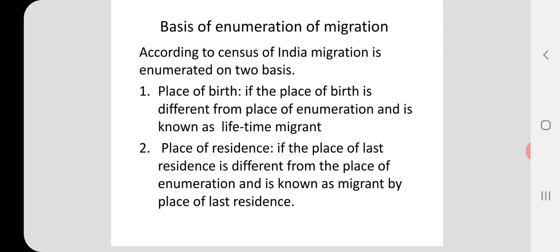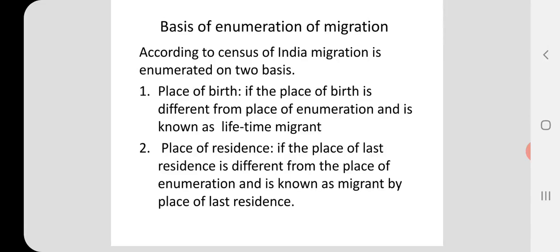And the second base, what is the second base? Place of residence. If the place of last residence is different from the place of enumeration, it is known as migration by place of last residence.